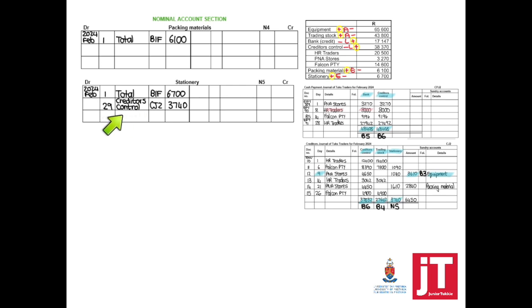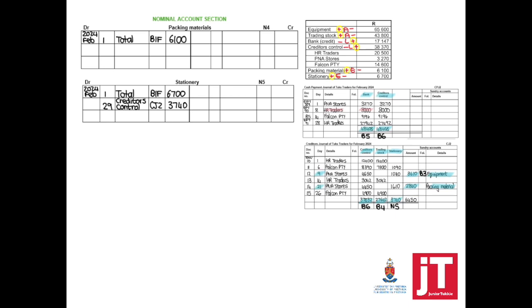From the creditors journal, our details is creditors control. Indicate that you've taken this to account number N5. The only account left for us to post in the creditors journal is packing materials on the day of the transaction, which is on the 21st.